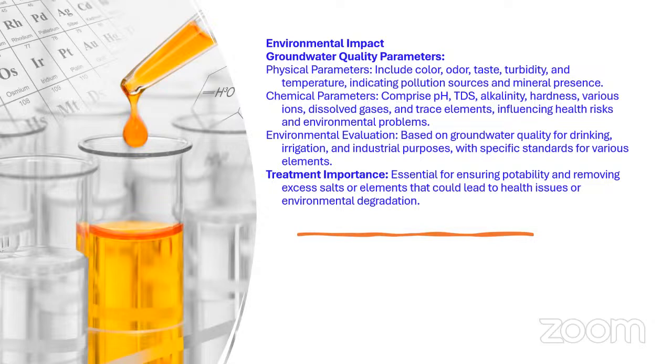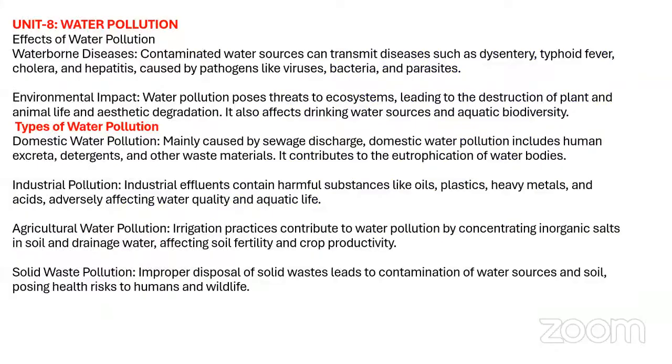I have covered all the slides: what groundwater quality is and its effect on different activities like industrial, irrigation, environmental, and human health. Just try to read or watch it a number of times.